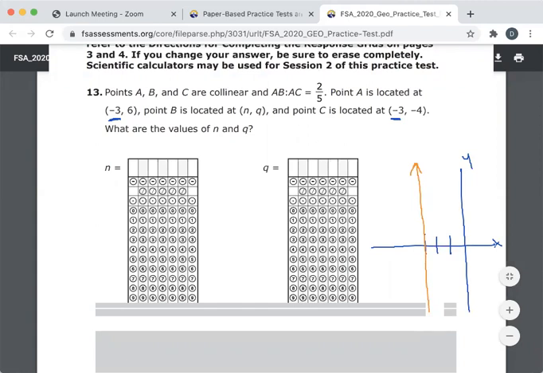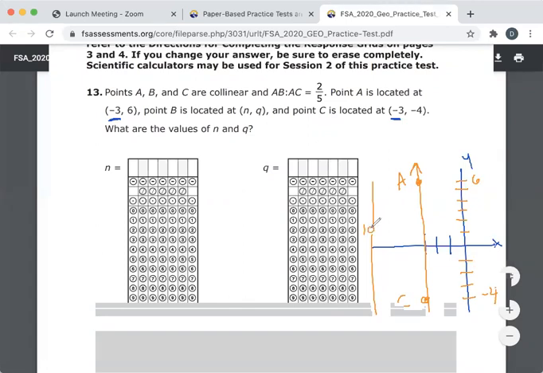So point A is located at y is 6, so that's right here, point A. And point C is located at (-3, -4). So here's C.